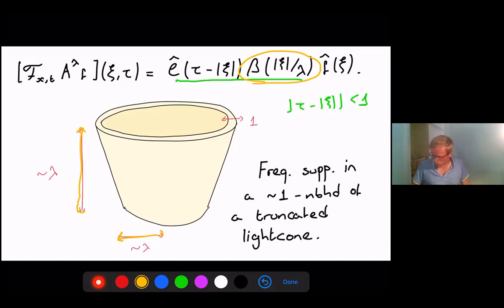So we now have a function with frequency support around this cone, and the cone is of course quite a curved object, and this makes it slightly difficult to analyze this operator.